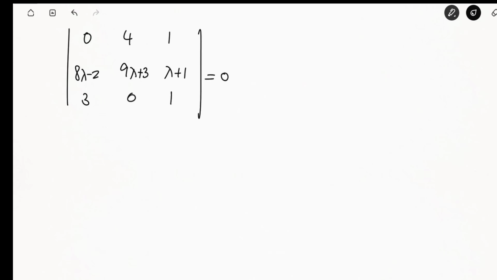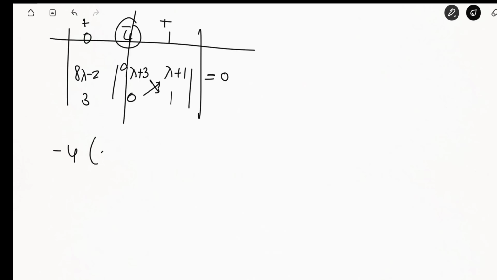I hope you know how to calculate the determinant. You can alternate plus, minus, plus. 0 times this minus this, but this will be anyway 0. So negative 4 times, you just exclude these two things.